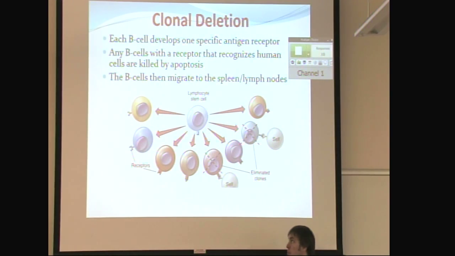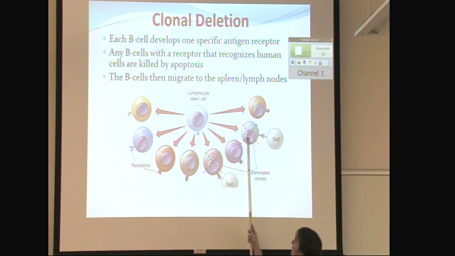So before they're done developing, before you send them out into the body to the lymph nodes, they're checked by special cells that inspect these receptors, and they look for any that bind to your cells. If they do bind to your cells, then they're told to kill themselves. They go into apoptosis: sorry, you developed the wrong way, you don't get to live anymore.